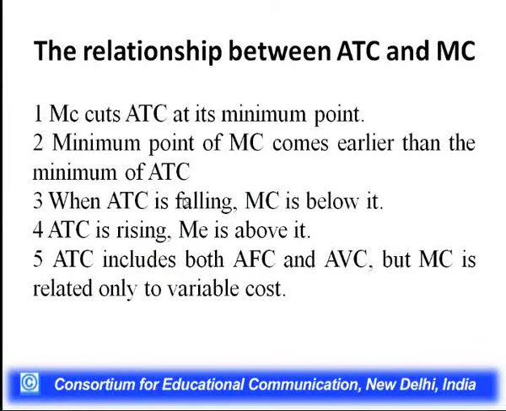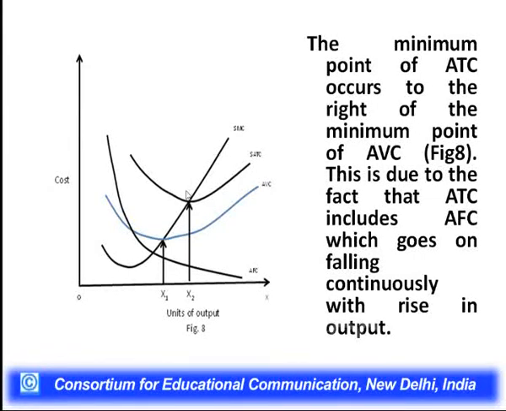Now we can show what is the relationship between ATC and MC, marginal cost. You can see from the figure that marginal cost cuts average cost at its minimum.